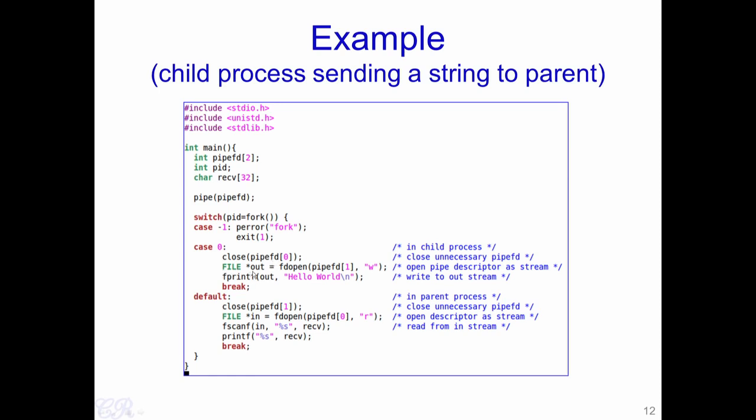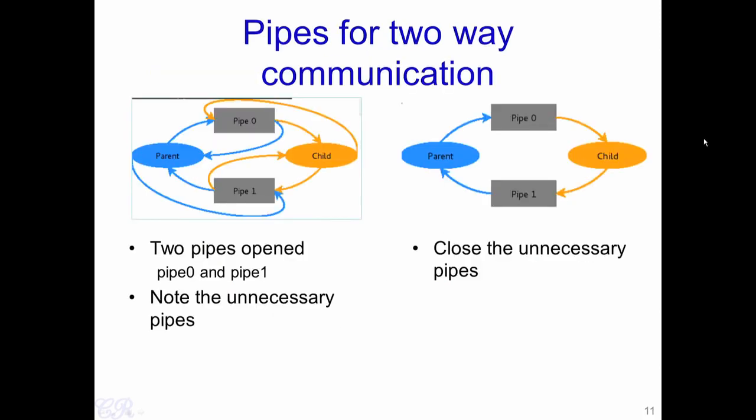Second, we are then opening a second file using FT open corresponding to file descriptor 1, and it is opened in the write mode, and we could then use fprintf to output hello world. So, essentially, to this pipe with descriptor 1, we are writing hello world. If you go back to this particular thing, what we are seeing is that we are writing hello world into this pipe 1.